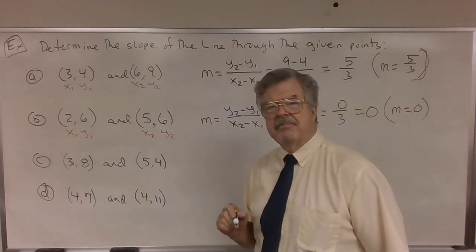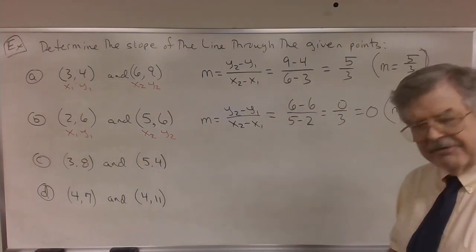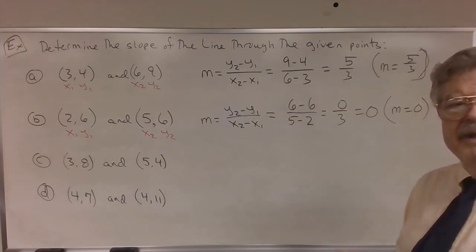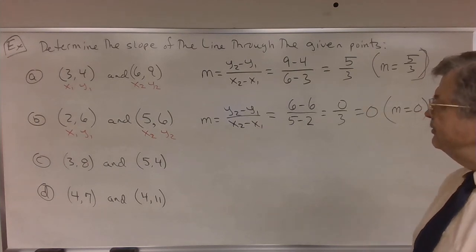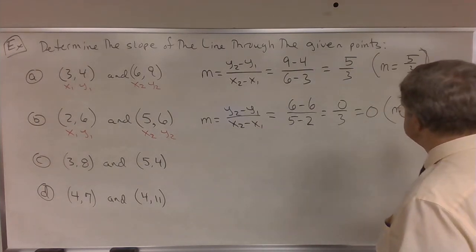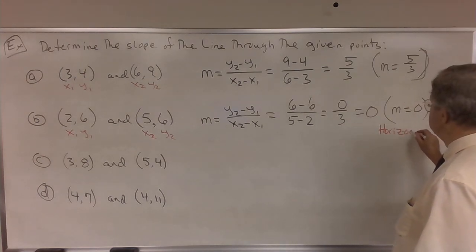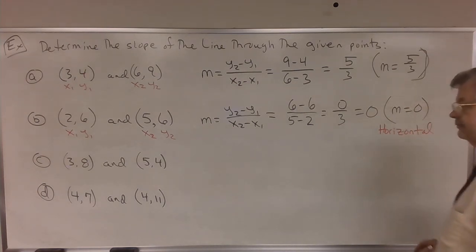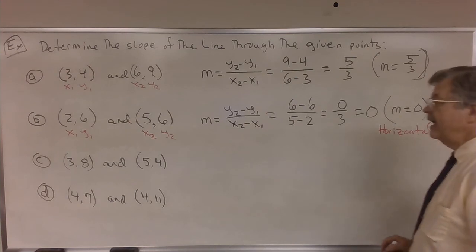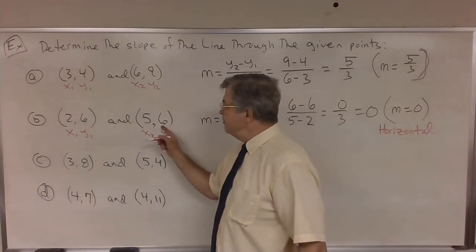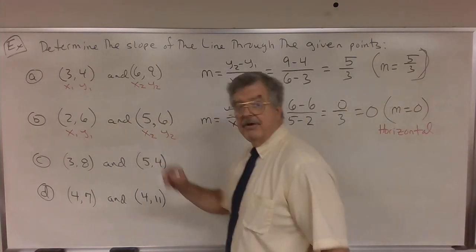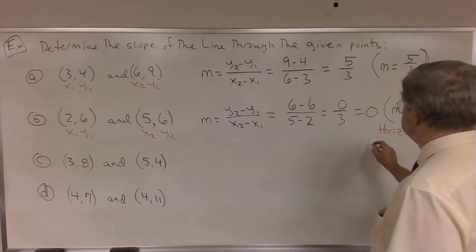And maybe I should pause here just so that we know what this means. The slope is 0. What that means is that the line is horizontal, and it passes through the point 6 on the y-axis.